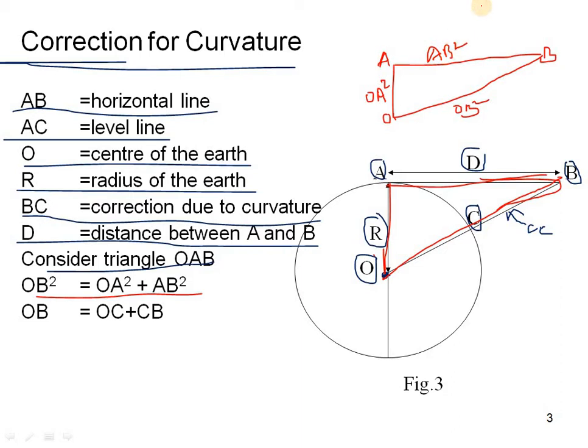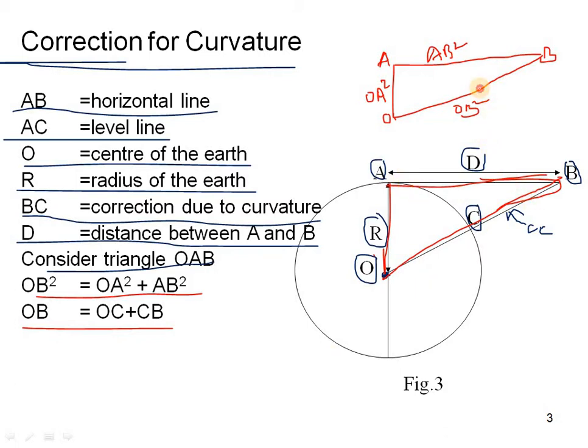So this is determined here as AB square. So we will call it as OB square is equal to OA square plus AB square. Then write OB is equal to OC plus CB.